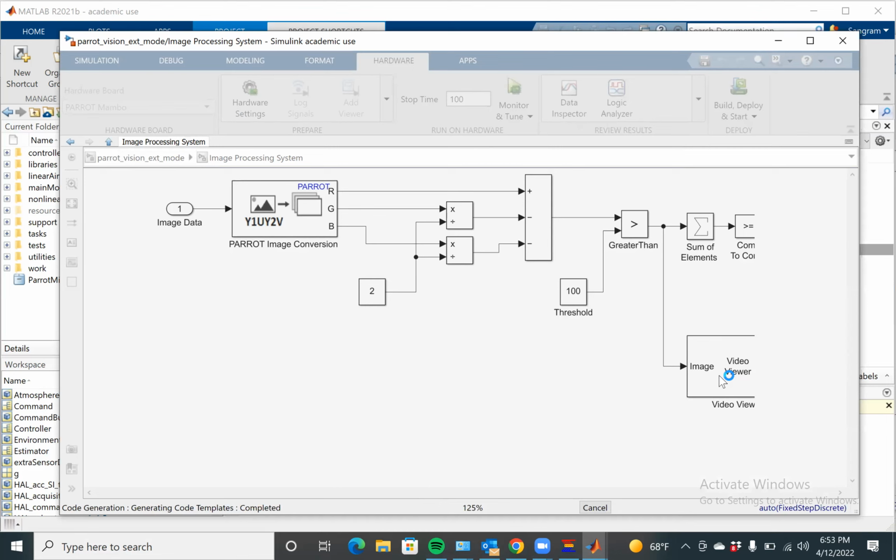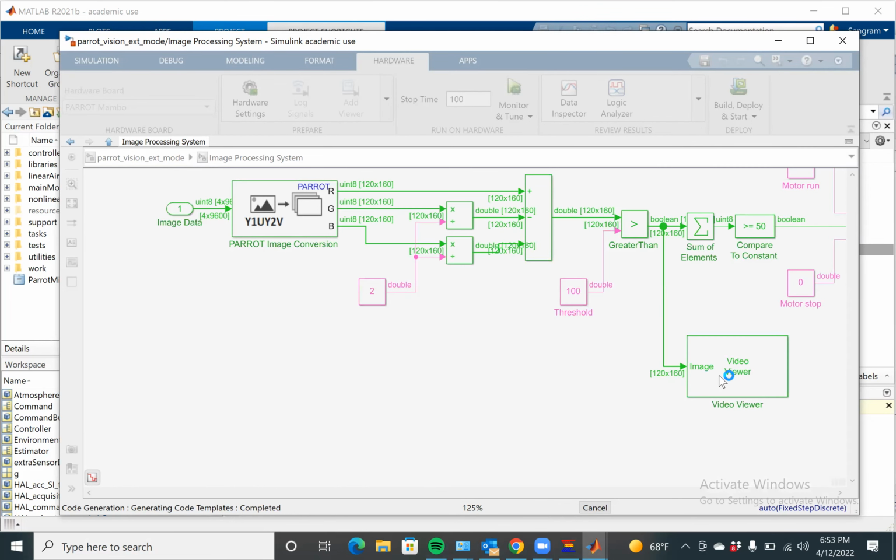And you can double click this video viewer, and you will see on the screen what the drone sees. I'll show you in just a second what happens.